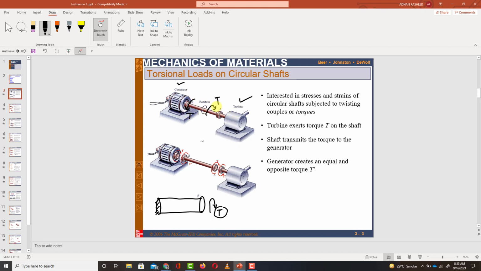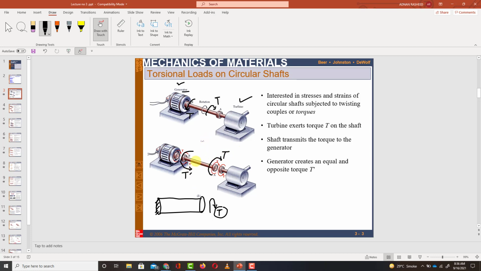So the turbine is actually applying a torque on the generator, while in response the generator applies a reaction torque on this shaft. So we can see in the example below, if these shafts are coupled and we remove or section them, you can see that the shaft has an applied torque in this direction, while due to the generator there is a reaction torque that is represented as T dash in this direction.